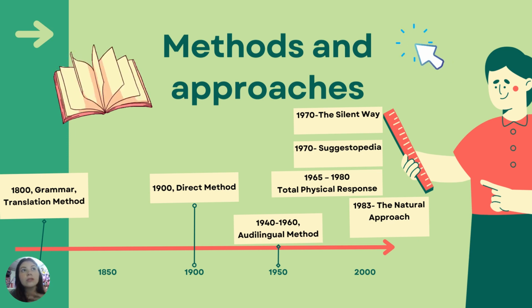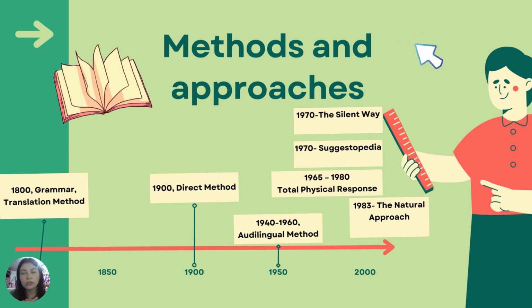Let's also go with the 1970s, and it was the silent way. The silent way was like the teacher doesn't talk, and the students can talk to each other. In the 1970s, that's just a period.